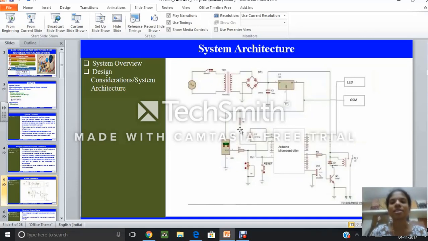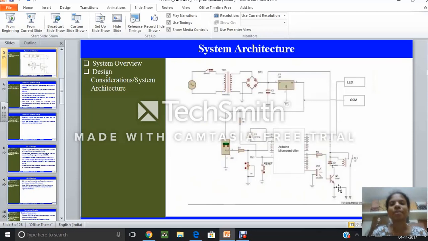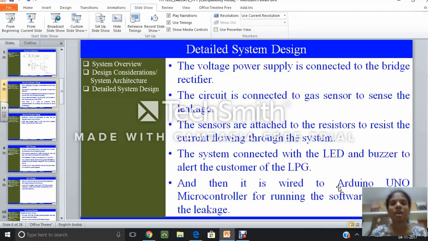These are the resistors, 1 kilo ohm and 10 kilo ohm, and this is connected to an Arduino microcontroller, which we use in the software also. And this is a solenoid valve to stop the gas leakage and reduce the concentration in the air. And this is a buzzer, so it can alert the consumer.